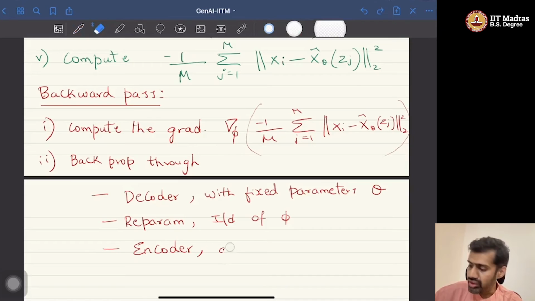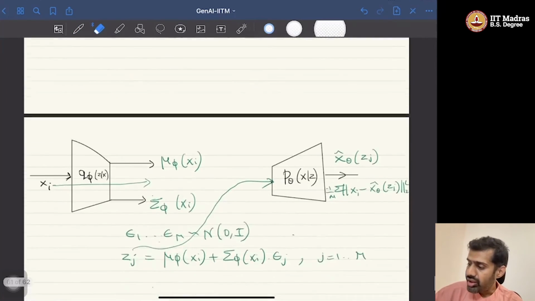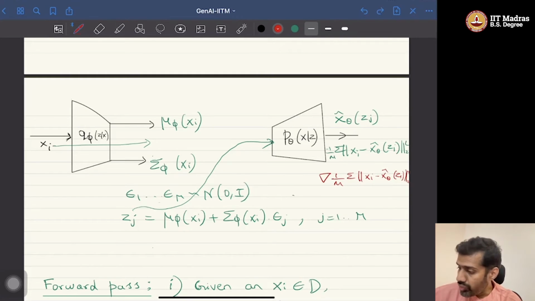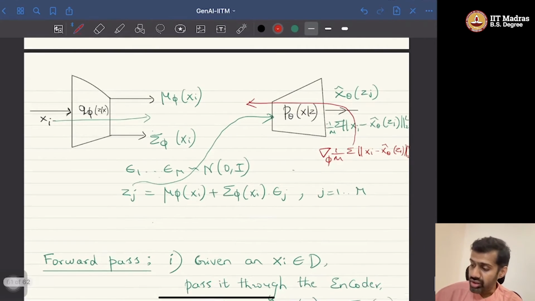So once we compute the gradient of this particular term with respect to phi, we pass these gradients first through the decoder, keeping the decoder parameters theta constant, because this is with respect to phi, right? And then we pass the gradients.